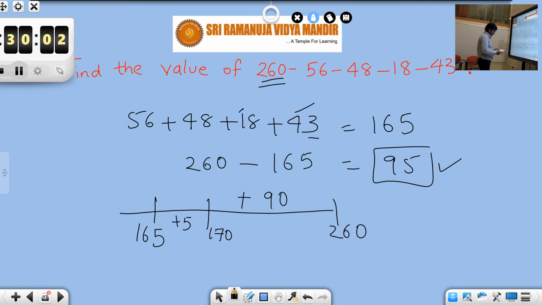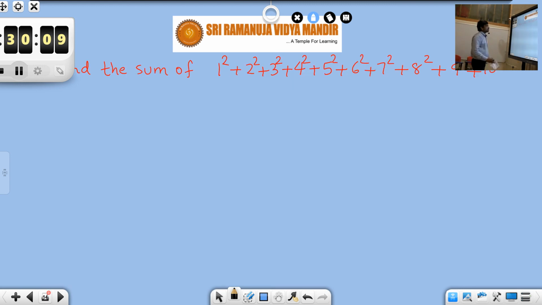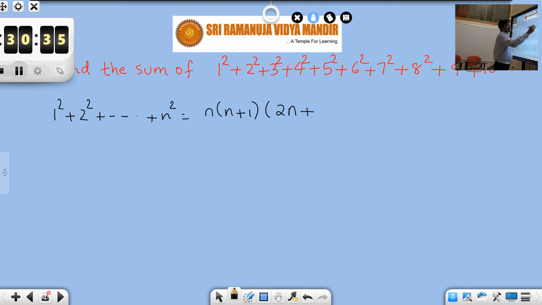Okay, students. Now let's look at the 12th question. We need to find the sum of the squares of the first 10 natural numbers. Students, in the last class, when we discussed the properties of squares, we discussed a property: the sum of squares of n natural numbers is equal to n into n plus 1 into 2n plus 1 by 6.